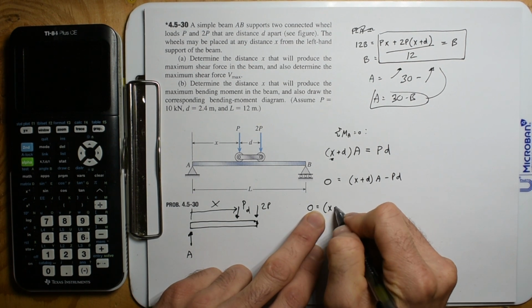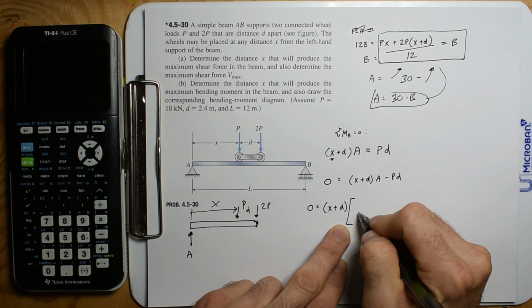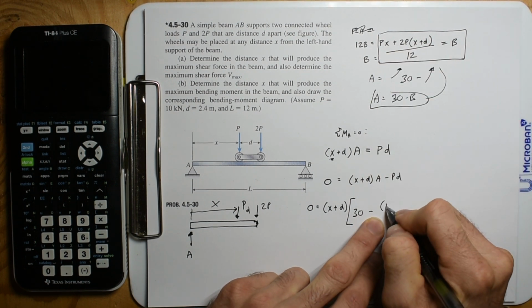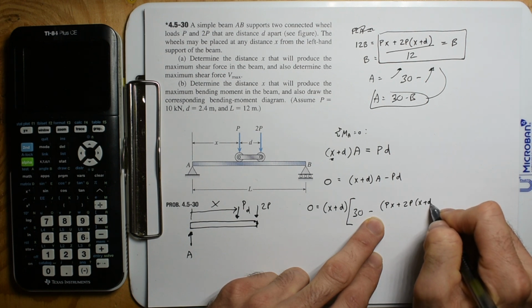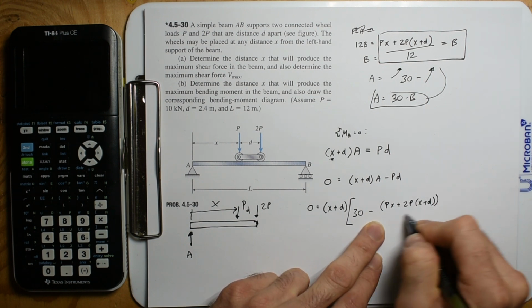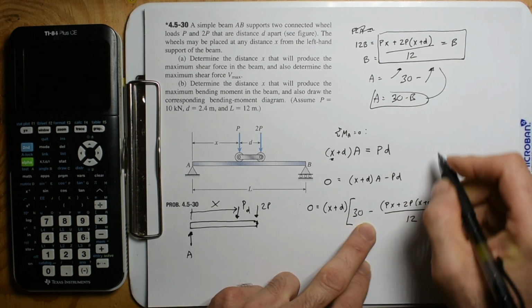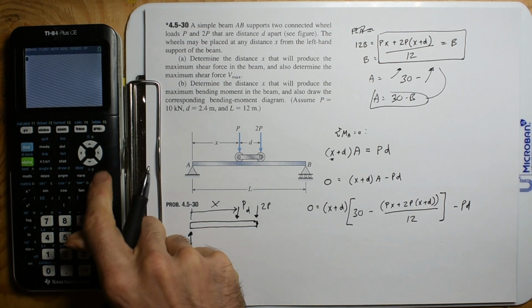So we have x plus d, and then A is 30 minus, and then we have this, px plus 2p times x plus d. And I don't care if it's ugly. But yeah, that's A. And then we're going to subtract PD. And then we're just going to throw it into our calculator.